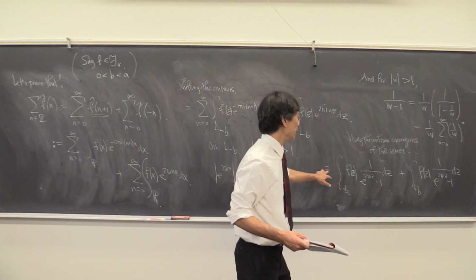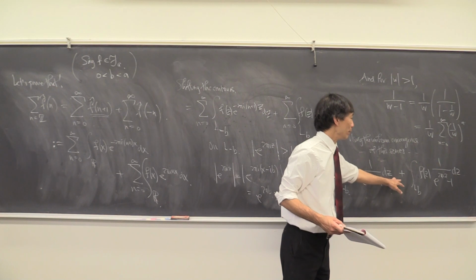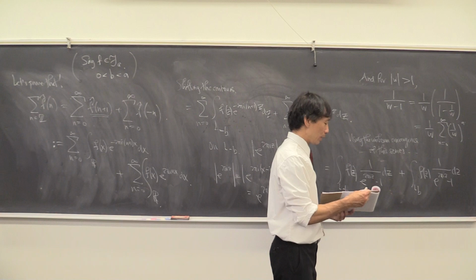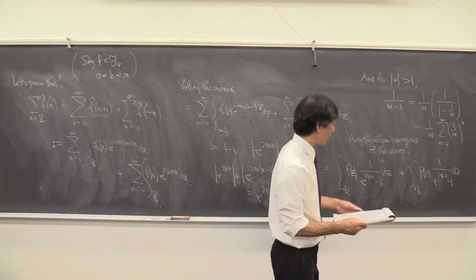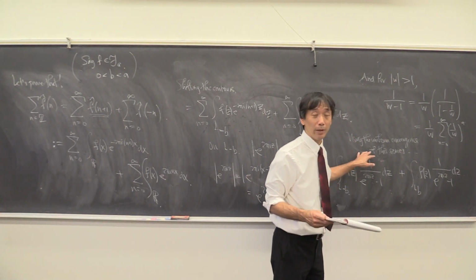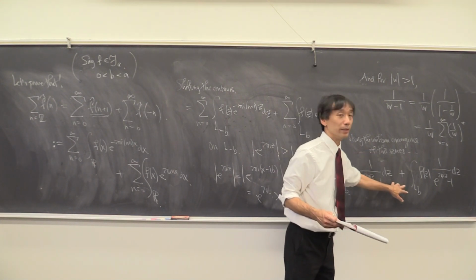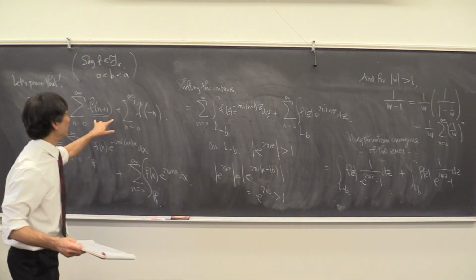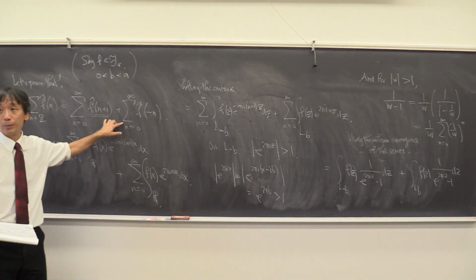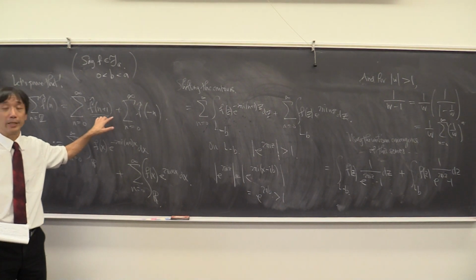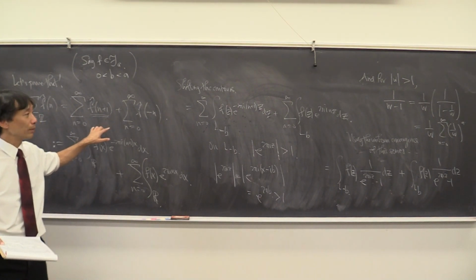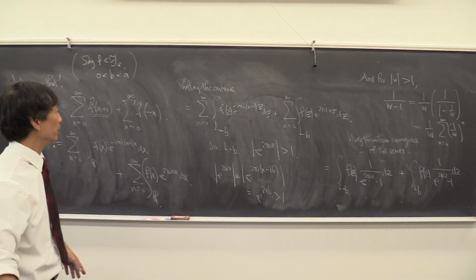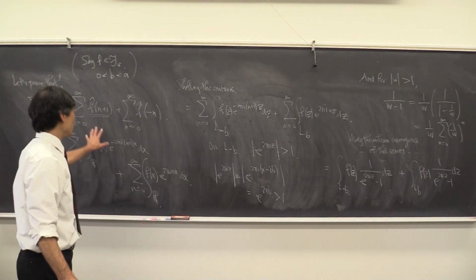We wanted to show that. Remember, we took the sums of f at the integer values, and we got this thing. And we wanted to show that this thing was equal to the sums of the Fourier transform at the integers. So that's it.